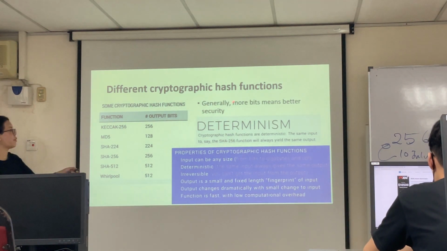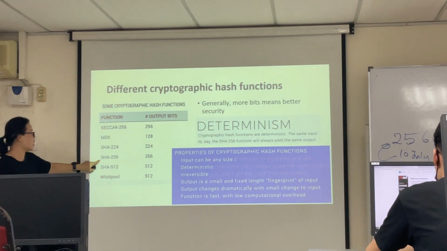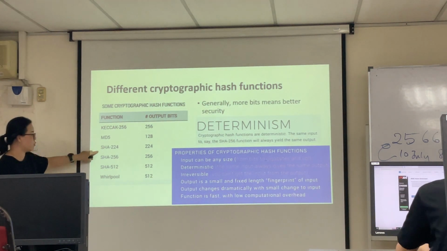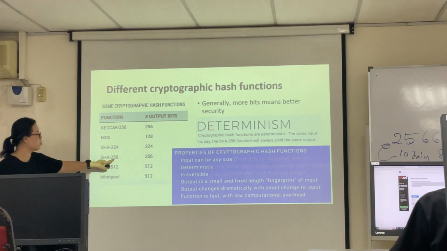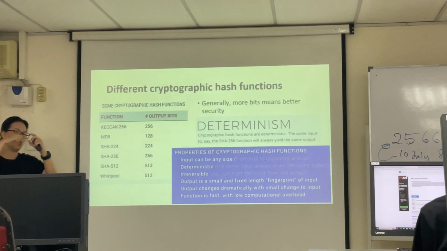So for general hash functions, you will have different ones. You're going to see Keccak, SHA-256, all these values. When you see the number 256, it's talking about your output: your hash value will be longer. When it is longer, it means it will be more secure.